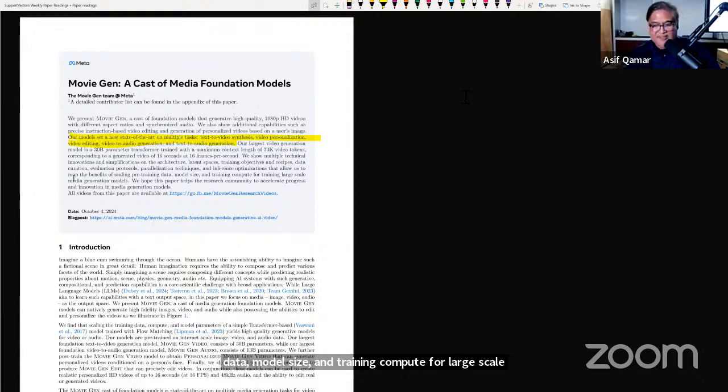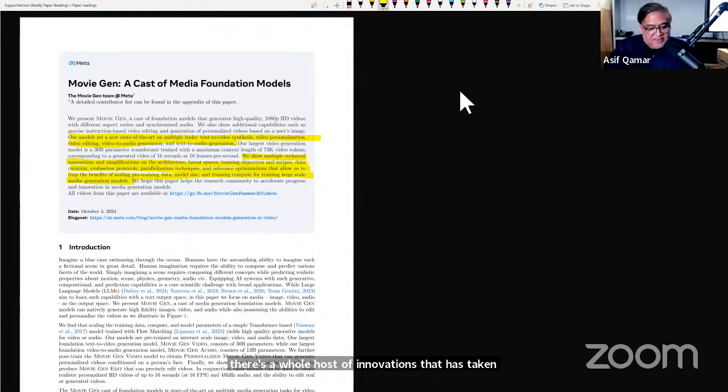Wow, long sentence. So we will talk about it. You'll see that there's a whole host of innovations that has taken them there. This is a Herculean effort, a big effort, and not only a big effort, the amount of hardware that it took was astoundingly large. So they have innovation, let's just say.